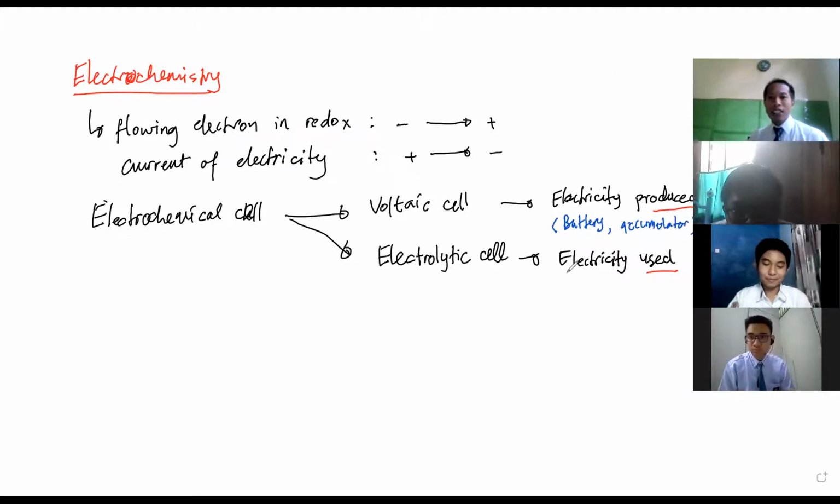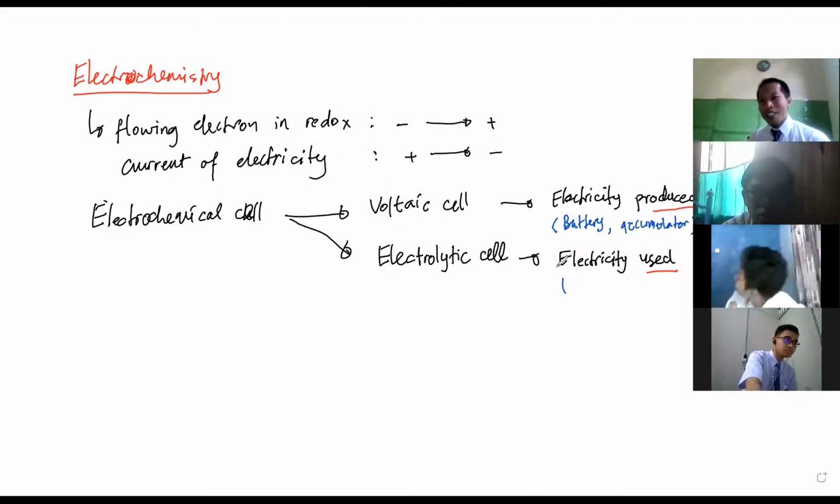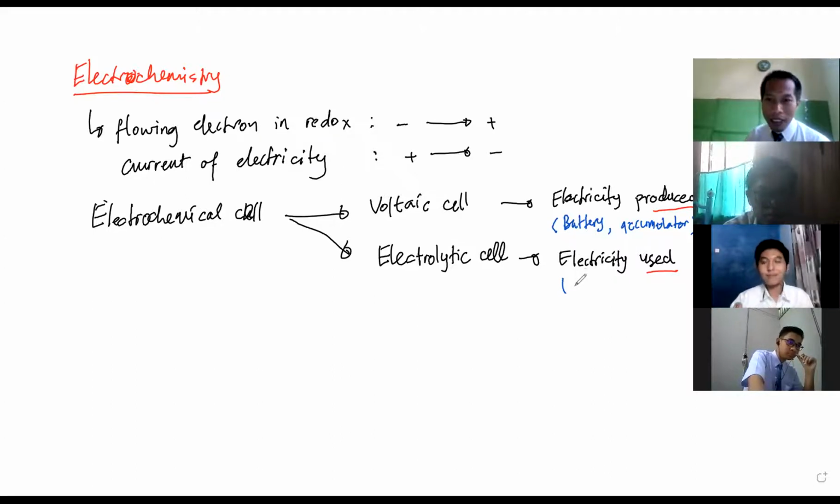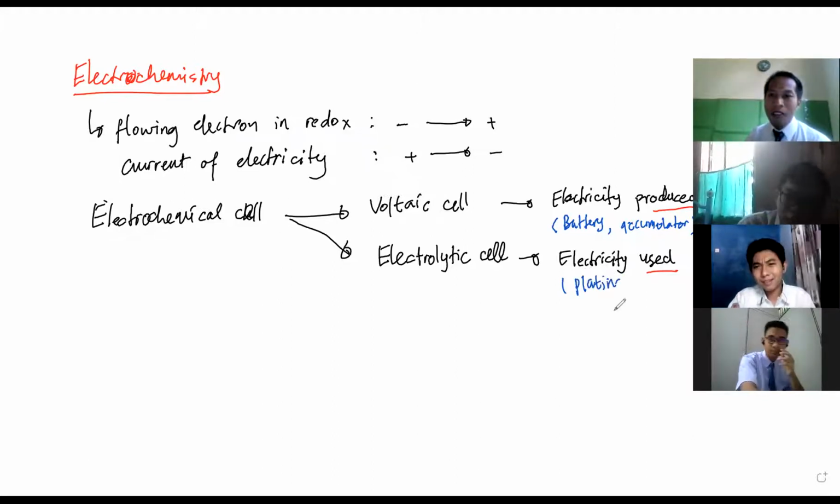All right, now let's give an example of electrolytic cell. It is somewhat more difficult than the example of voltaic cell because electrolytic cell is not common in our life. For example, plating. You know plating? Penyepuhan.